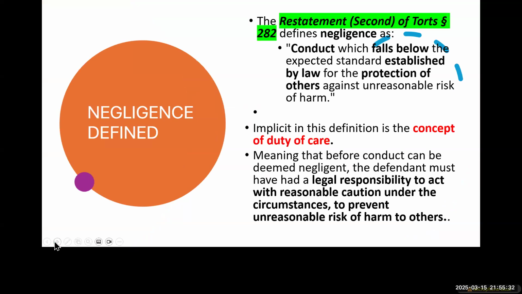This video begins our discussion on element 1 of negligence, which is duty. For this video, we'll start at the beginning. For a common law analysis for negligence, step 1 is the test for duty. The duty test has 2 prongs.